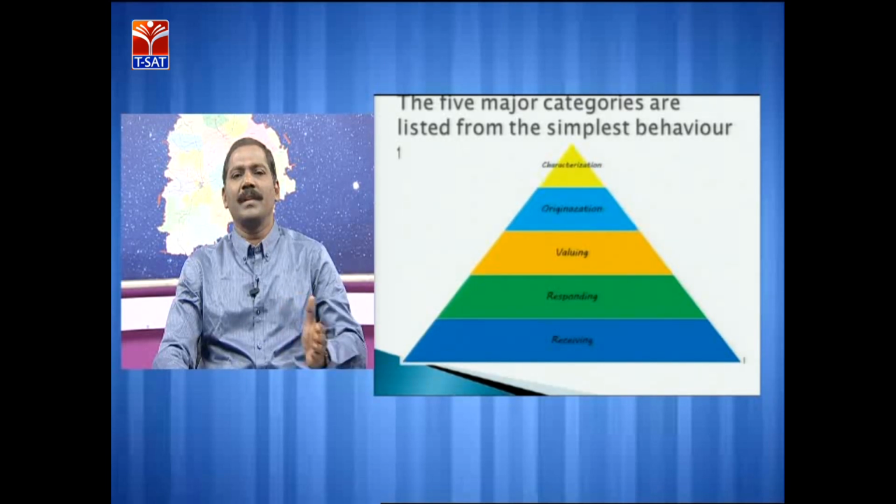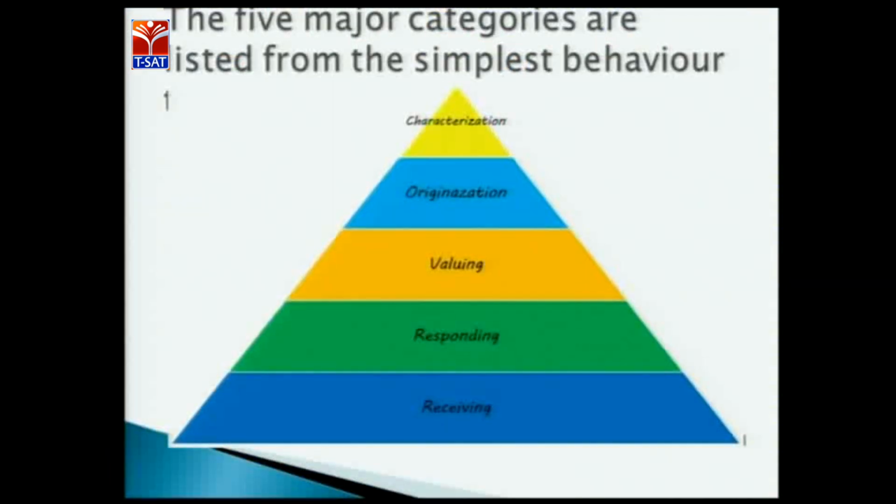This is also just like the cognitive domain, arranged in a hierarchical manner, moving from bottom to top, that is receiving, responding, valuing, organizing, and finally characterization. These are the 5 steps that we can see.